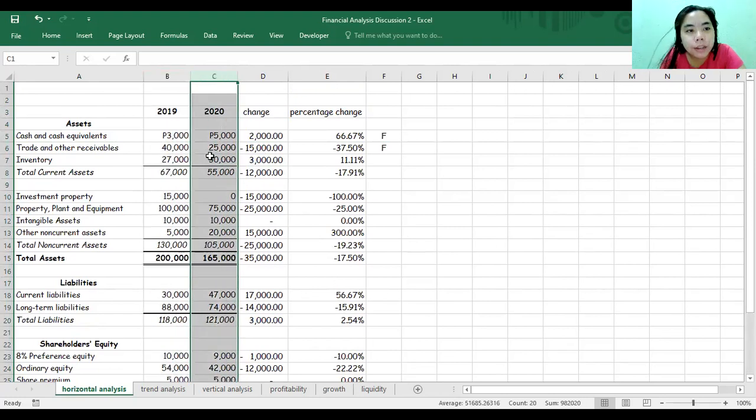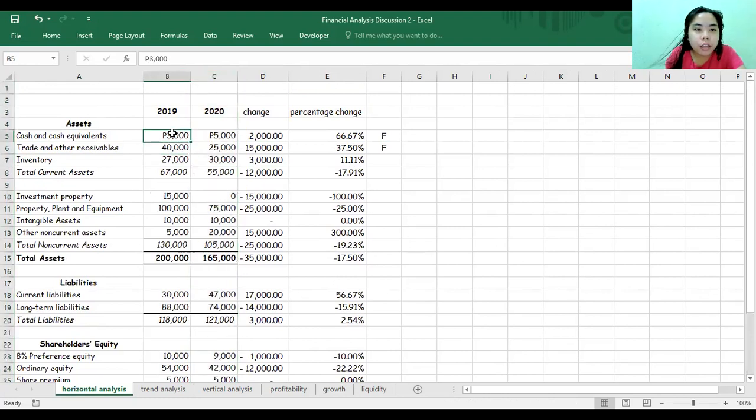It is not only the balance sheet on which we perform horizontal analysis, we also have the income statement, cash flows, and financial data which we can have horizontally analyzed, to identify reasons why there were changes, whether the differences are small or large, and we investigate why there are such differences.